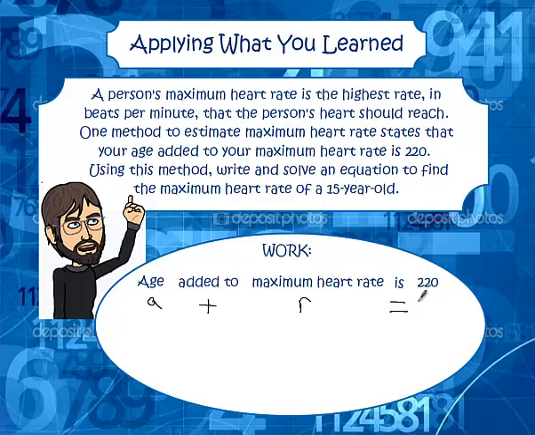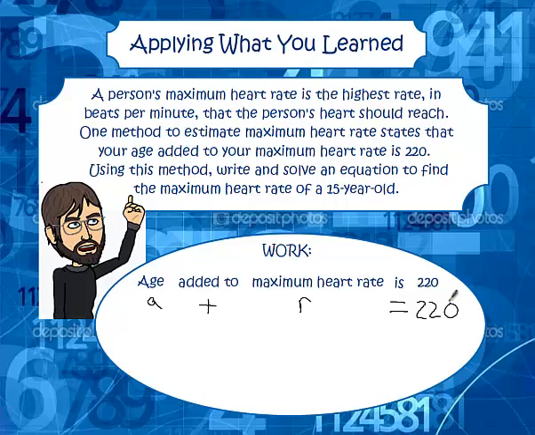And 220 is just 220. So you might be asking, why did I use A and R? I simply used A for age and R for rate. The choice of letters here doesn't really mean anything. I just used them so I can remember what I'm using them for.